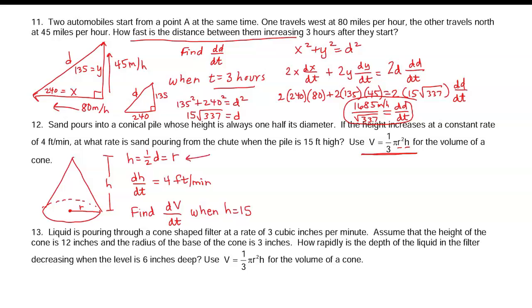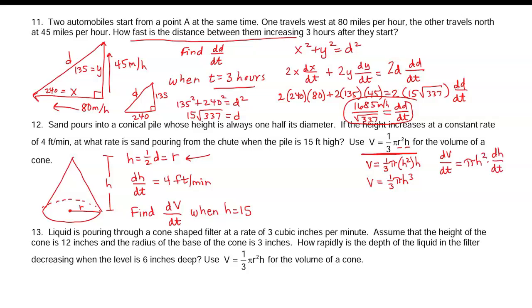H equals r. So what I'm going to do is substitute in h for r. So that'll be h squared times h, or volume equals 1/3 pi h cubed. So now when I take the derivative, I'll get dV/dt equals pi h squared dh/dt.